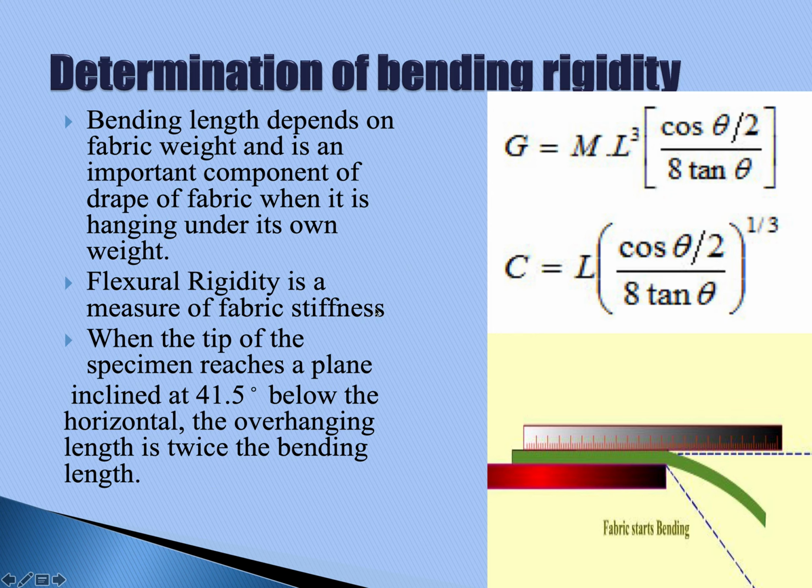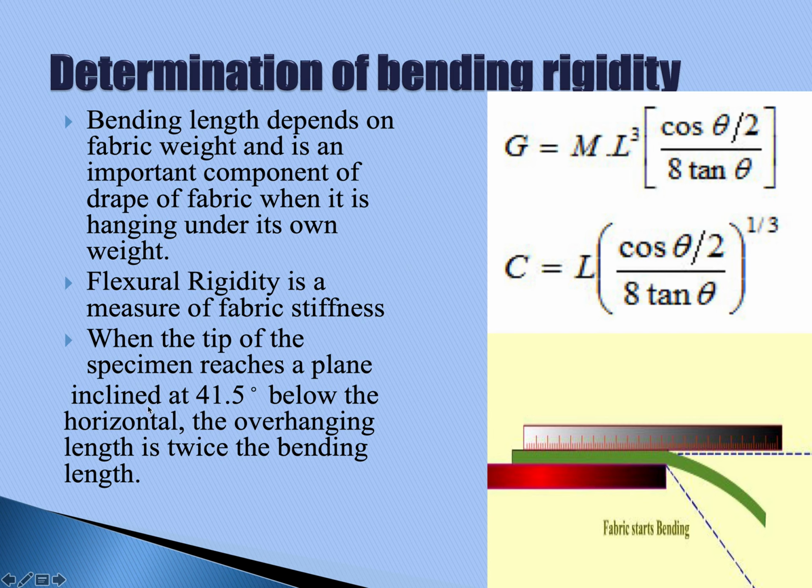So flexural rigidity, as I told, G is indicating the flexural rigidity here, which can be determined when the tip of the specimen reaches a plane inclined at 41.5 degrees below the horizontal. So this is the horizontal plane, and this is the inclined plane, which is kept at an angle of 41.5 degrees below the horizontal, the overhanging length is twice the bending length.